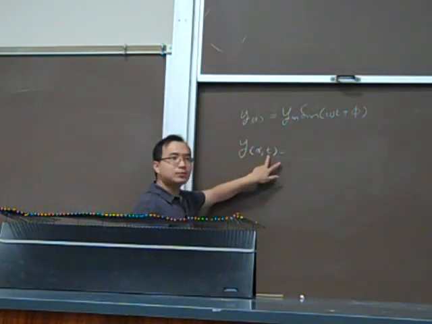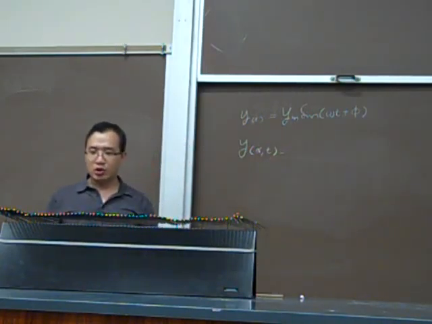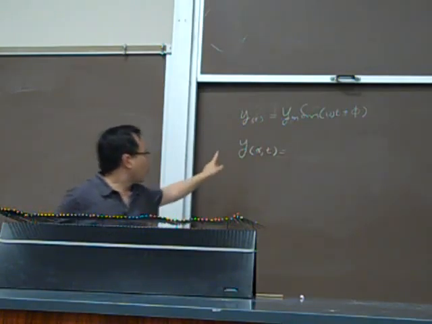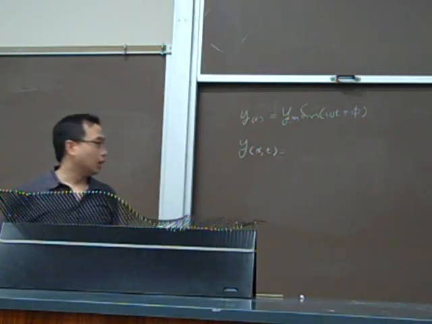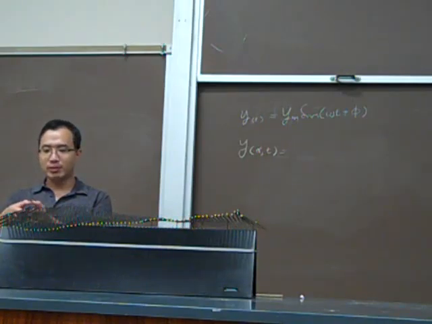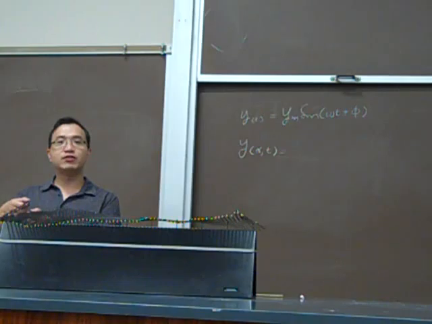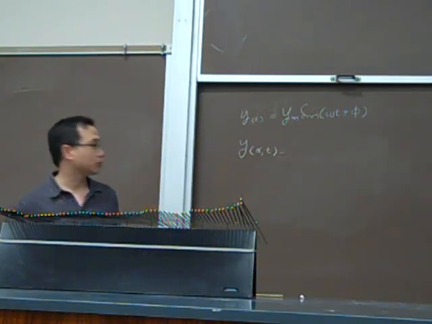If we give some time, say t equals 1 second, it's a kind of frozen wave for t equals 1 second. And y of x will describe the position for different x: x equals 1 centimeter, x equals 2 centimeter, x equals 3 centimeter. They will have different y. So that's a function of those different positions.